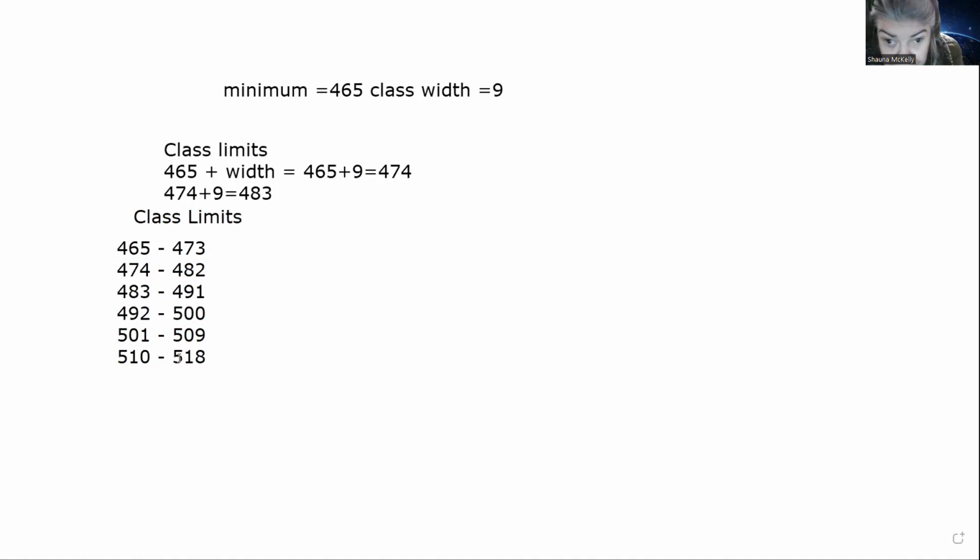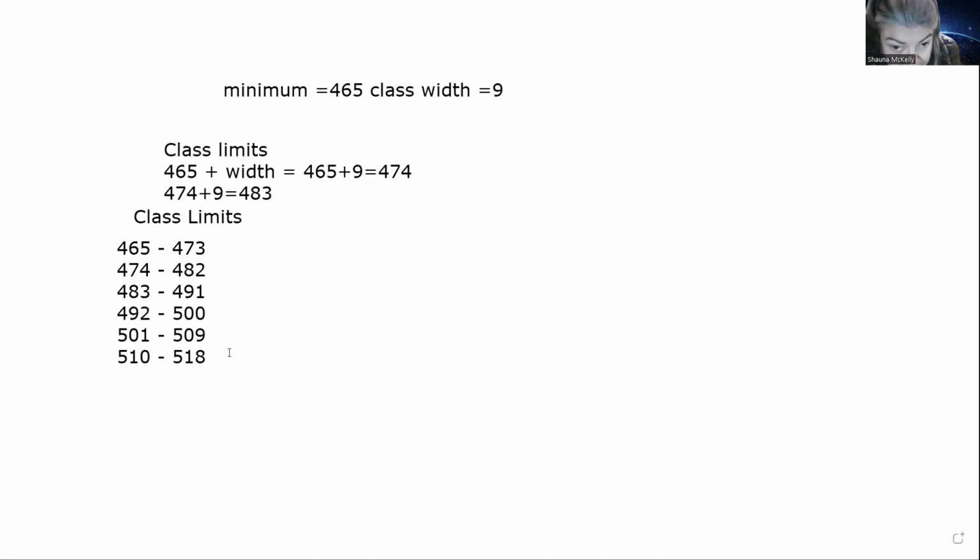No, you don't. Your classes have to have the same interval, the same width, regardless of where your data ends. It's a good thing if your upper class limit on your last class is a little bit beyond your maximum value.